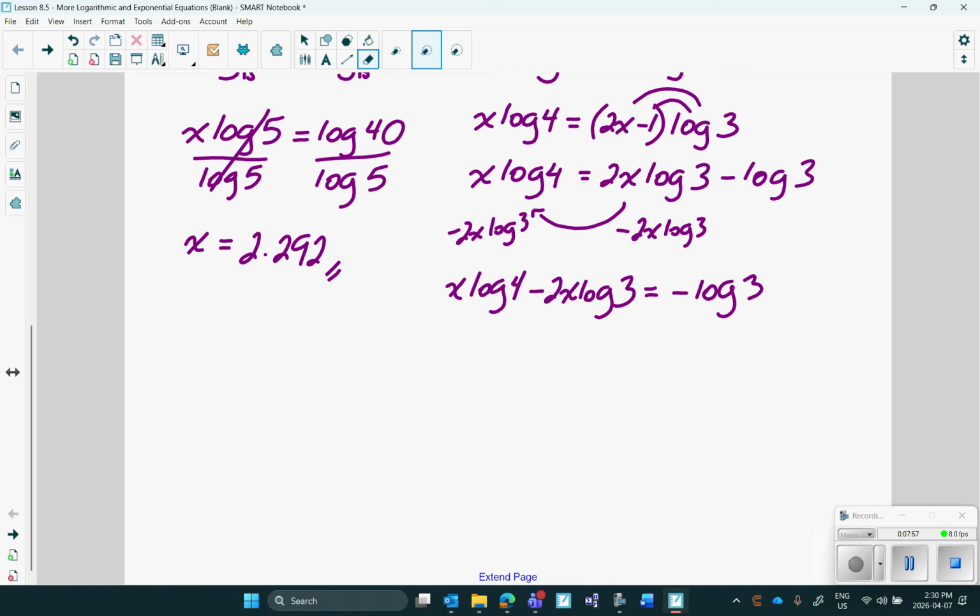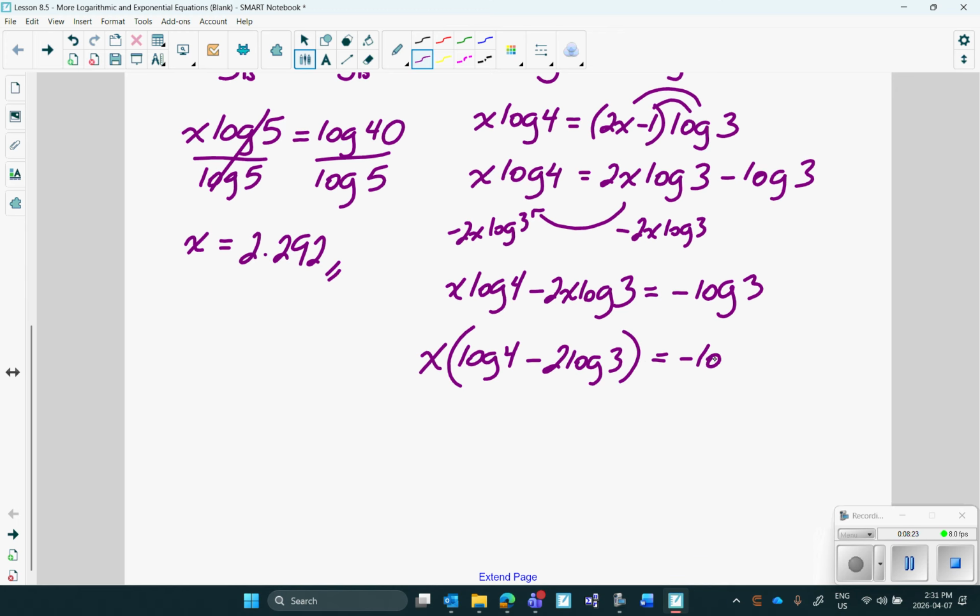Excellent. Factor the x's out, do GCF. So take x out. If I divide x out of this, I'm left with log 4. If I divide x out of this, I'm left with minus 2 log 3. So it's GCF factoring.